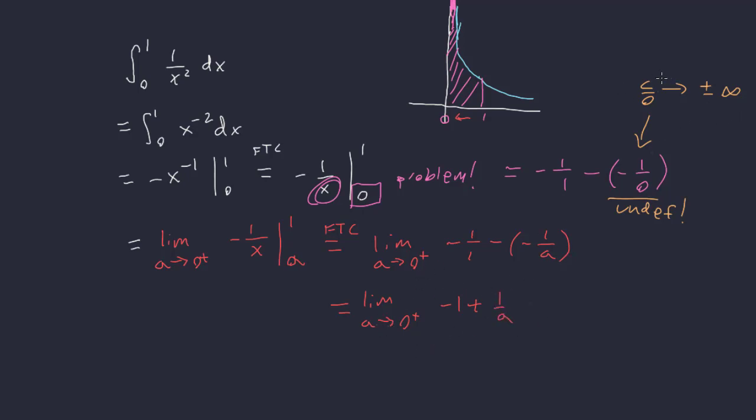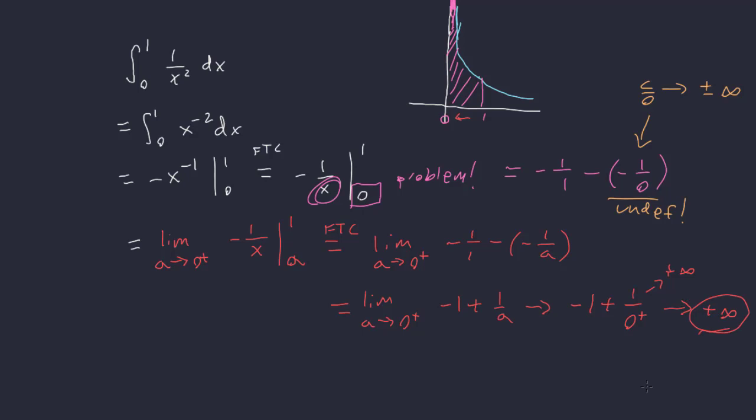Now, a constant over 0 is a plus or minus infinity, so you always have to just figure out which one it's going to be. Since we have 0 from the right, this is not considered standard proper notation, but I like it because it helps me sort of figure out what's going on, because here I have 1 over what I call a positive 0, so that's going to be a positive infinity. And then subtracting 1 is not going to affect that, so we go to a positive infinity.